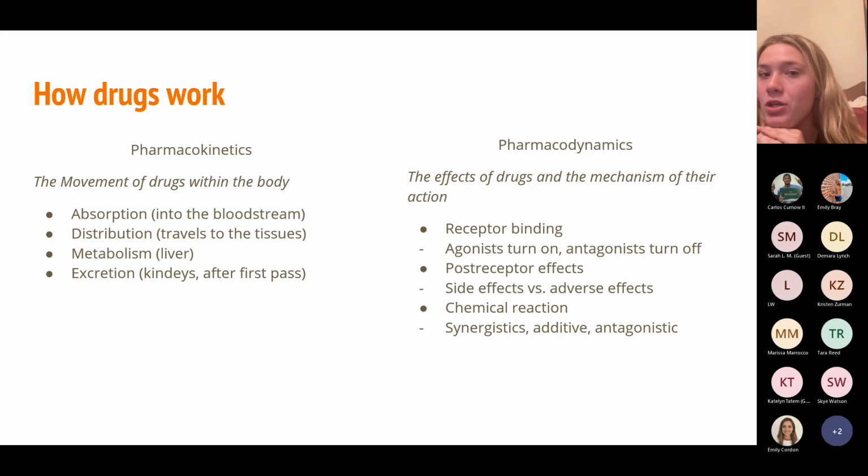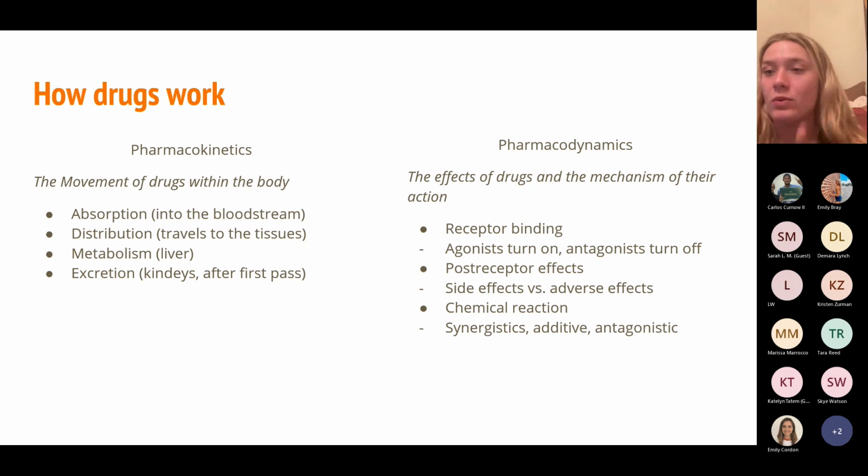If my receptor needs to attach to A in order to unlock it and do whatever job it has to do, an antagonist is going to compete with whatever's trying to bind to that. Instead of binding, it's kind of false, fake, if you will.